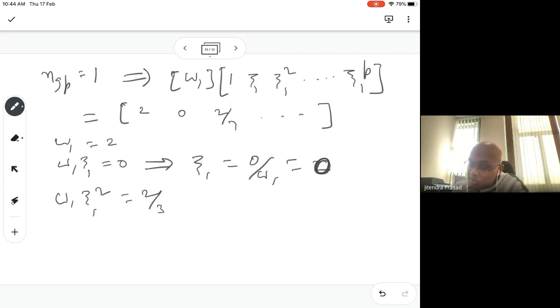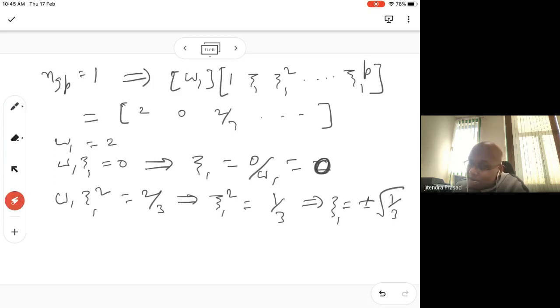Right? So now what do we get from here? We will get Xi1 square equal to 1 over 3. So Xi1 is equal to plus minus root 1 over 3.